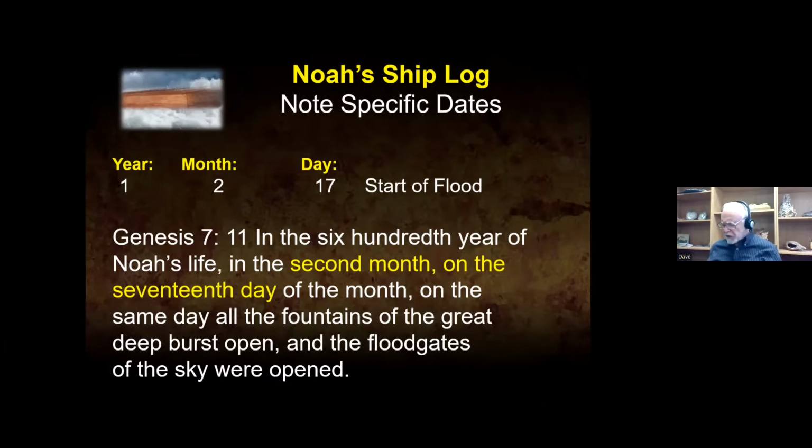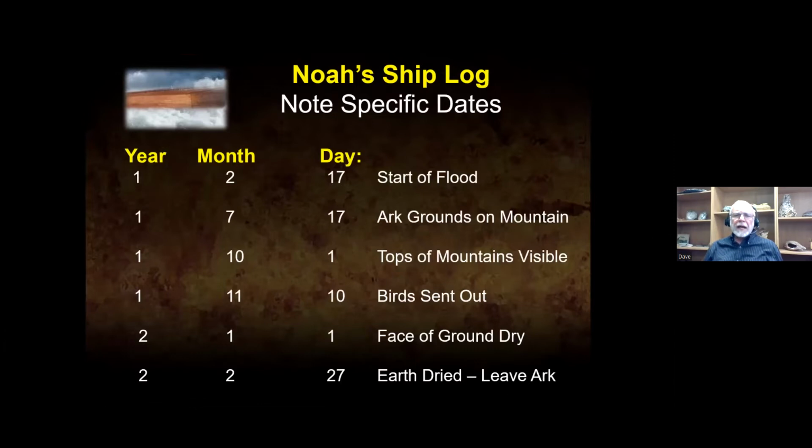Again, specific dates, and those dates don't stop just right there. In fact, it tells you what year, month, and day so many things happen. When the ark grounds on the mountain, when the tops of the mountains are seen, when birds are sent out, when the face of the ground was dry, and even when Noah was instructed to leave the ark. And that was the second year.